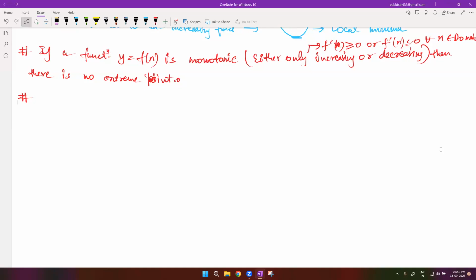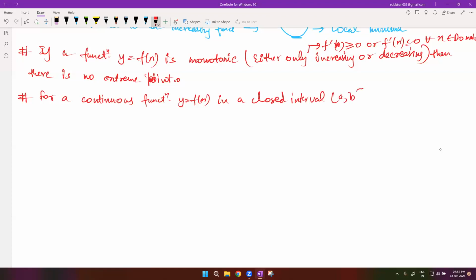So this suggests that for a continuous function, there will definitely be a minimum and maximum value.